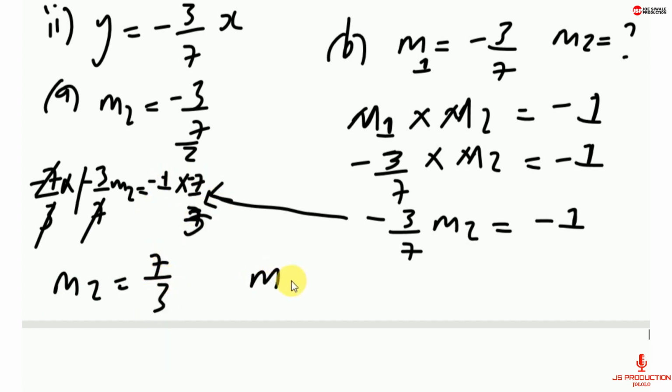So our gradient 2 of the perpendicular line is going to be 7 over 3.